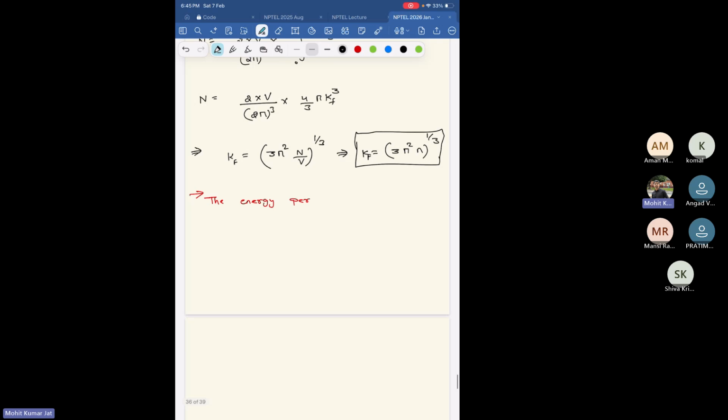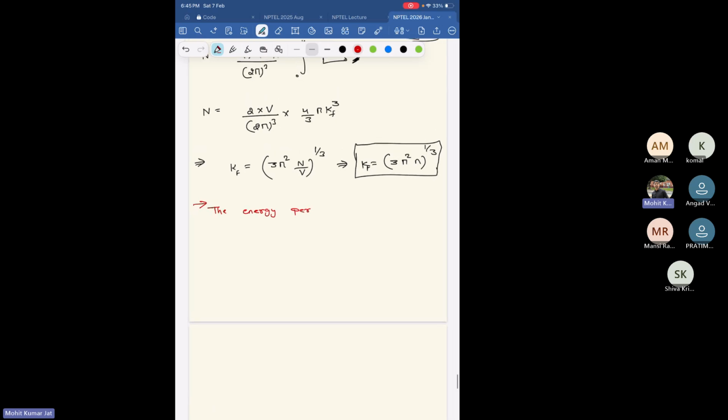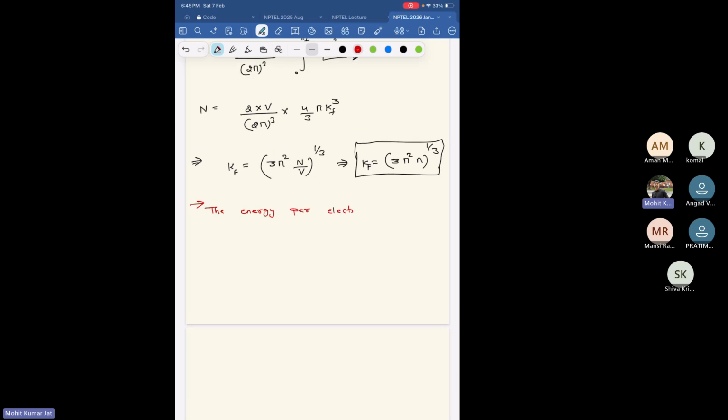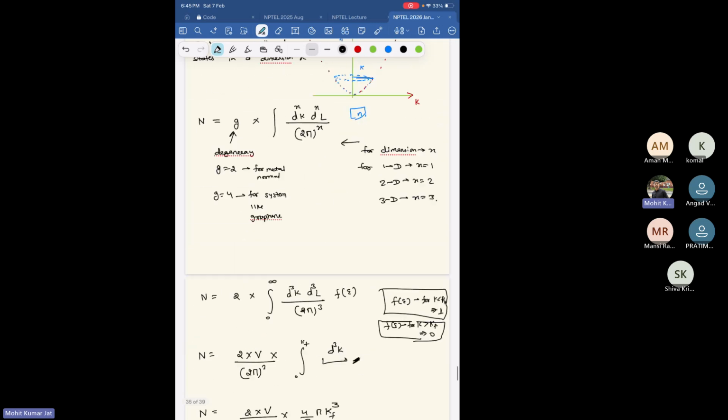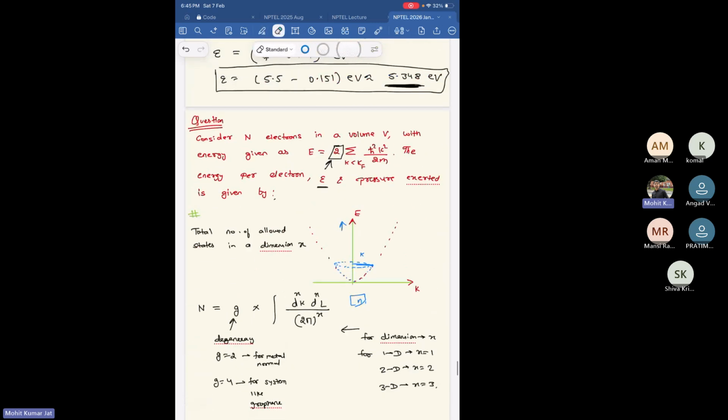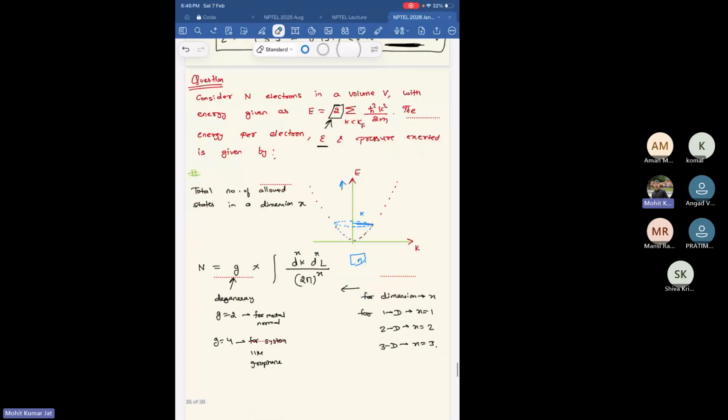So the energy per electron. How do you write it? You take your average energy and divide it by the total number of electrons. That will be your average energy per electron. The energy expression is already given, 2 times ħ²k²/2m.